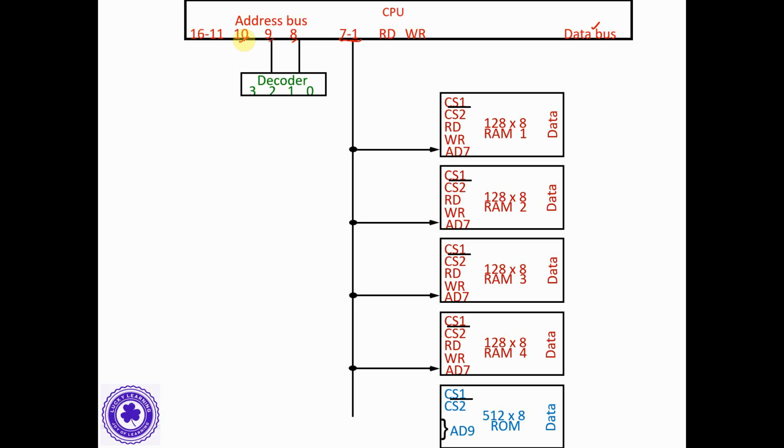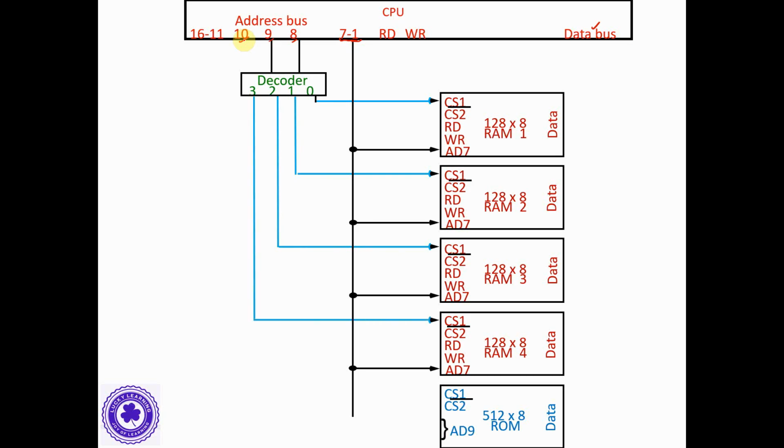When 8 and 9 are 0 0, it is going to make output line 0 as 1, so that is connected to CS1 of RAM 1, and if it is 1, it is connected to CS1 of RAM 2. If it is 2, meaning 1 0, it is going to select RAM 3. Otherwise it is going to select RAM 4 when decoder output line 3 is 1.